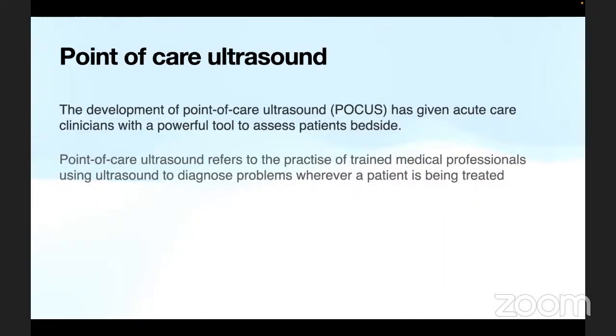So coming to the next topic, point of care ultrasound, and this is a new development in critical care where bedside ultrasound has shifted towards point of care ultrasound.